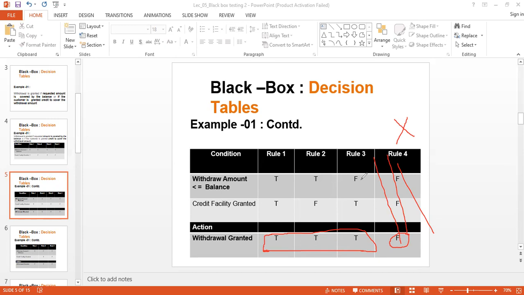In credit facility granted, again I have two true cases and one false. But as common sense and according to the business logic, if the customer is asking to withdraw an amount equal to or less than the account balance, this section is not affected by it.